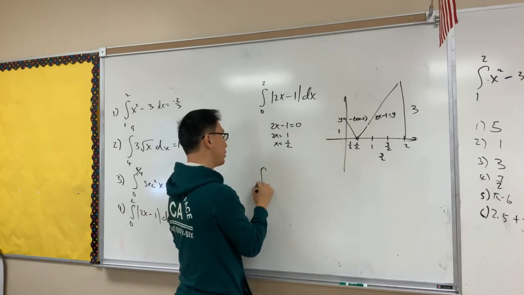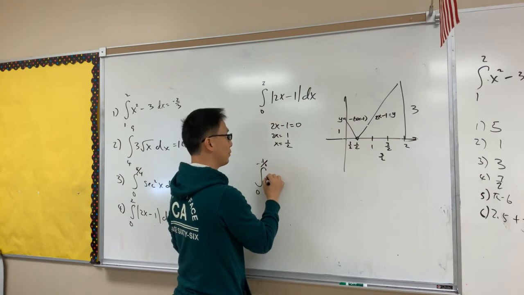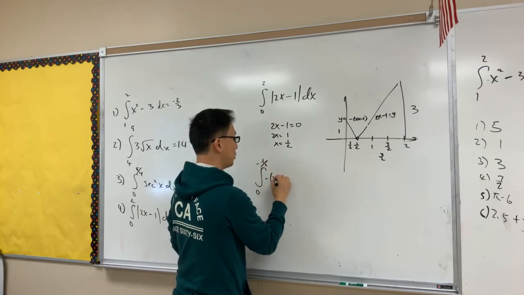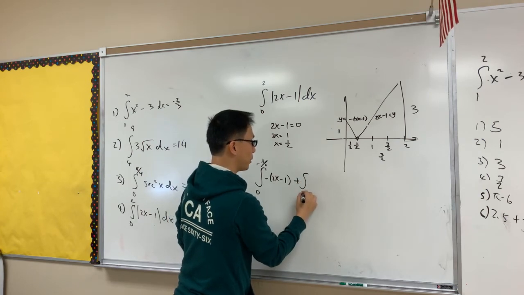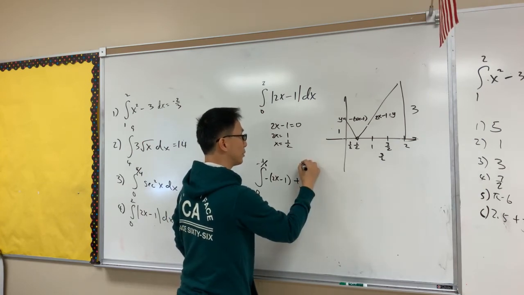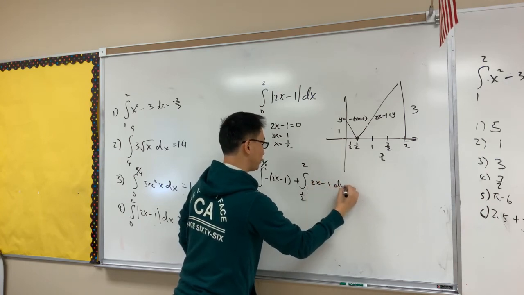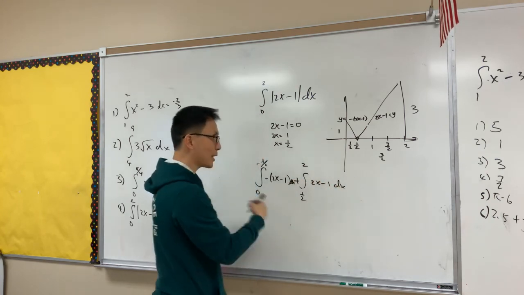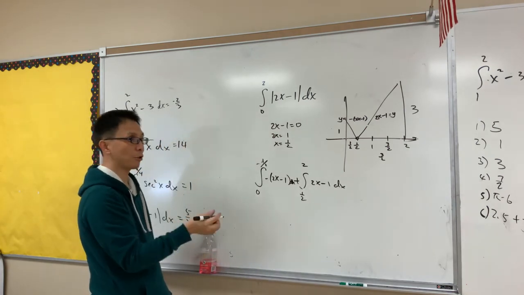So you can do the integral from 0 to 1/2 of negative (2x minus 1) plus the integral from 1/2 to 2 of 2x minus 1. And you're going to get the same answer geometrically or algebraically.